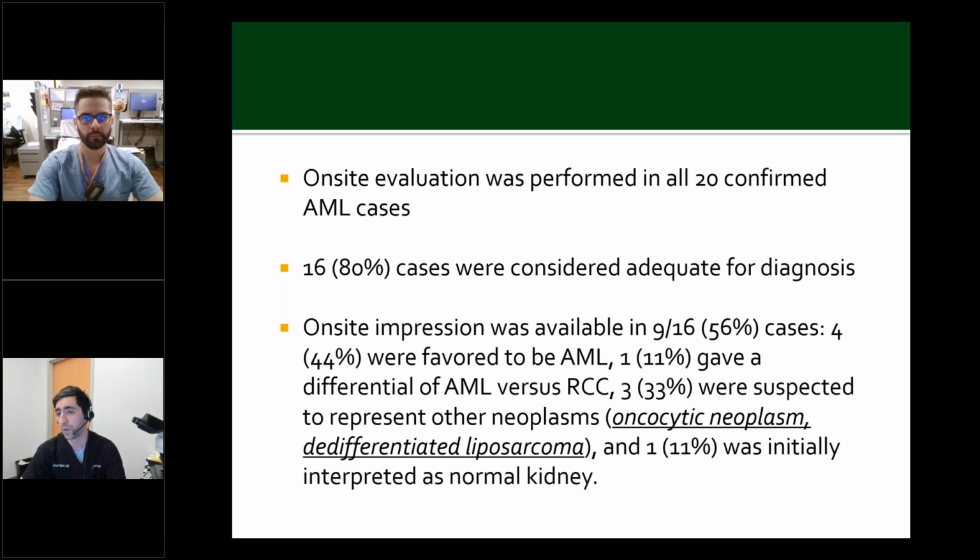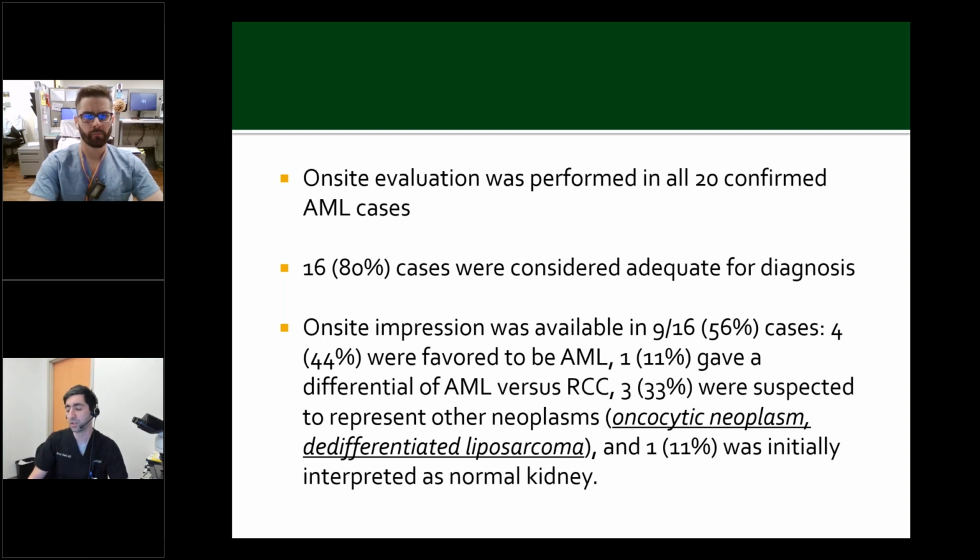The study also highlighted the adequacy of on-site evaluation during ROSE procedures, and out of the 20 confirmed angiomyolipoma cases, only around 80% of the cases were considered adequate for diagnosis with the on-site impression available. Interestingly, 4 cases were deemed inadequate, with documented on-site impressions ranging from scant cellularity to non-neoplastic adipose tissue or normal renal parenchyma.